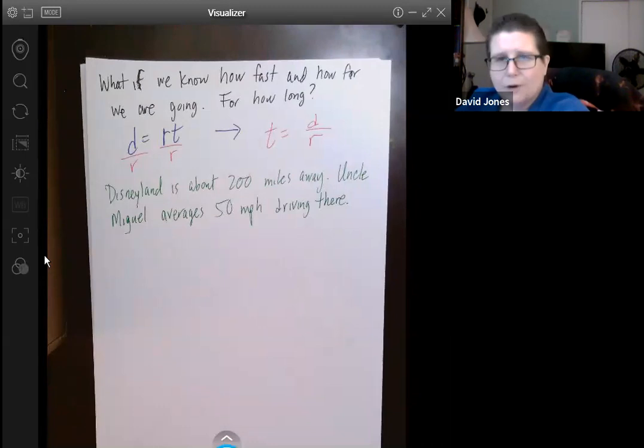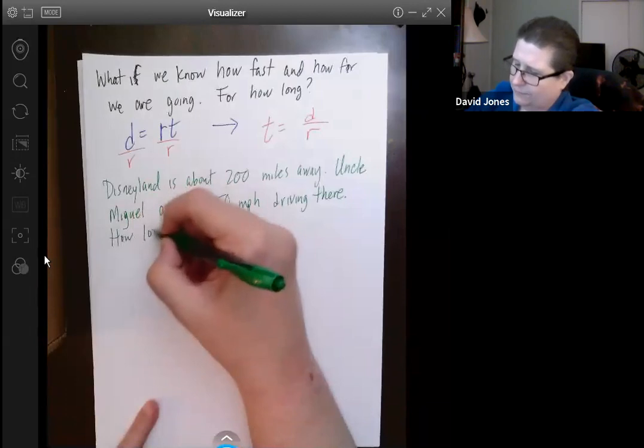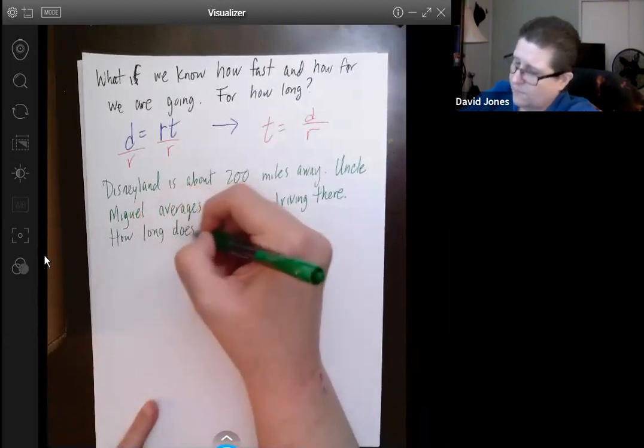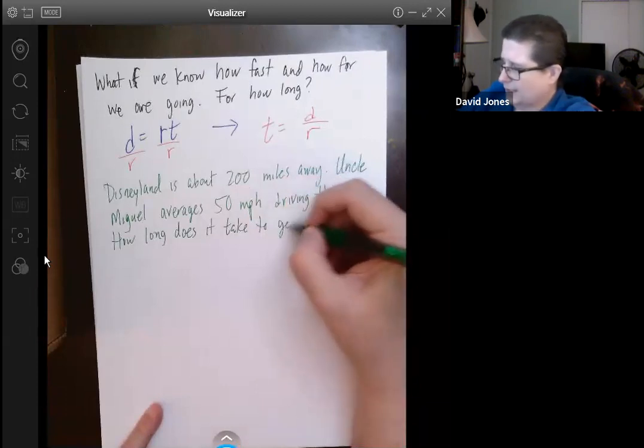Yeah, he's probably going faster down the 99 until he hits the Grapevine. He might even be going quick through the Grapevine. But when you get into Los Angeles and if you're anywhere near daytime traffic or rush hour traffic, stuff slows down. You're averaging 50 miles an hour. How long does it take to get to Disneyland?